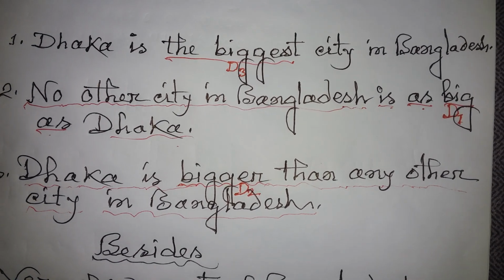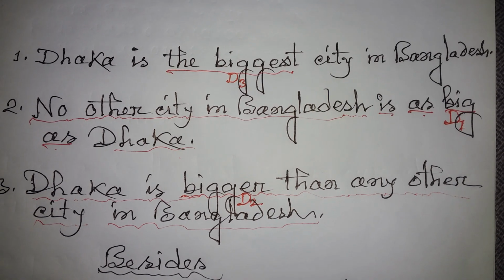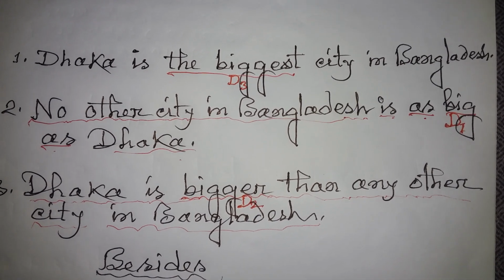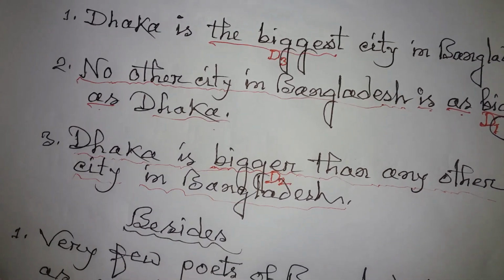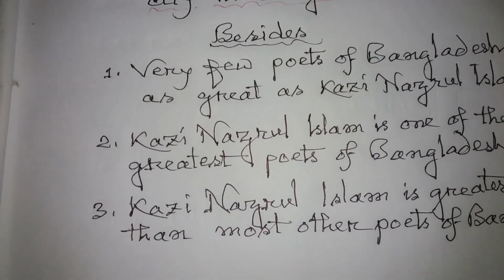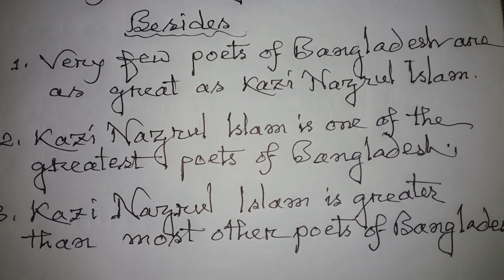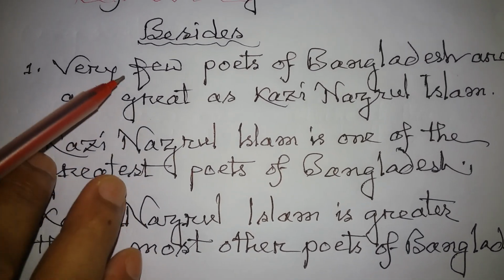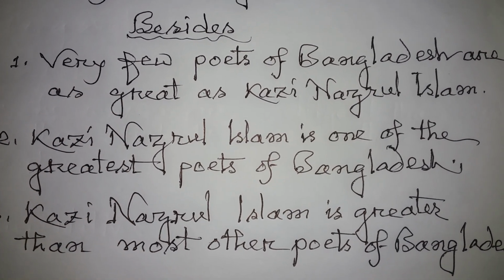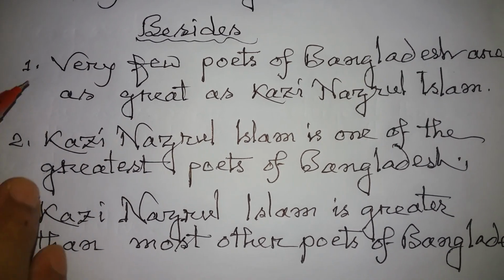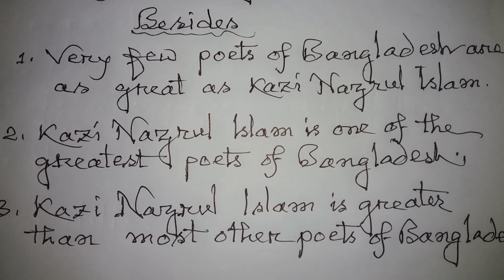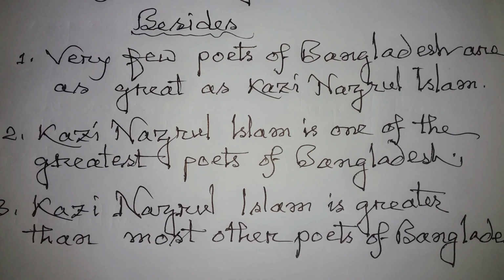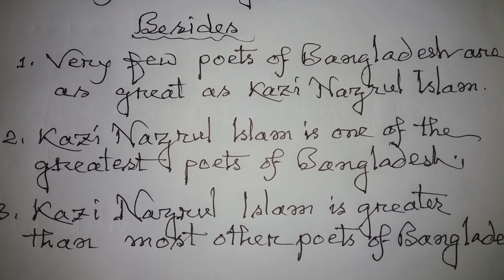So we are able to learn about 3 kinds of degree. Now we can also see there are 3 sentences. Number 1, very few poets of Bangladesh are as great as Kazi Nazrul Islam.